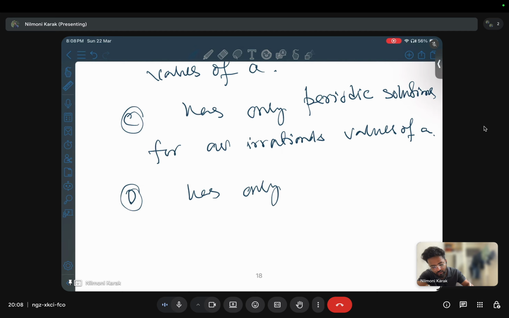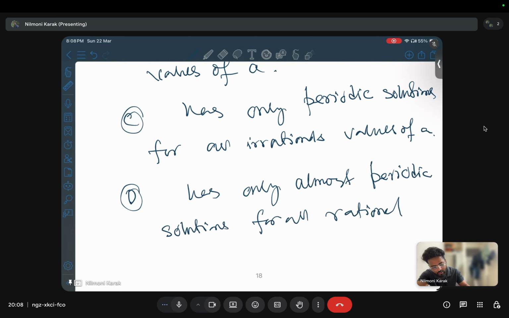D, has only almost periodic solutions for all rational values of a.